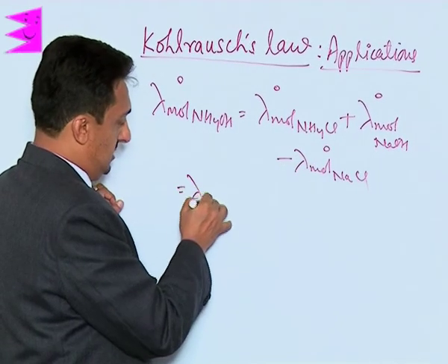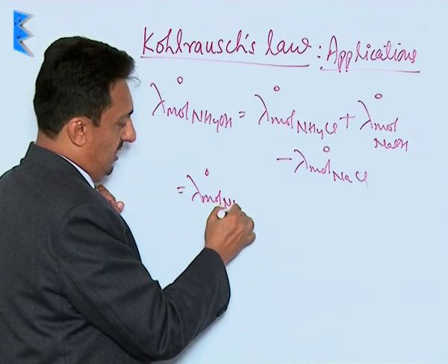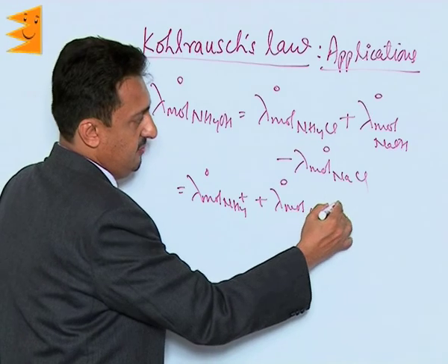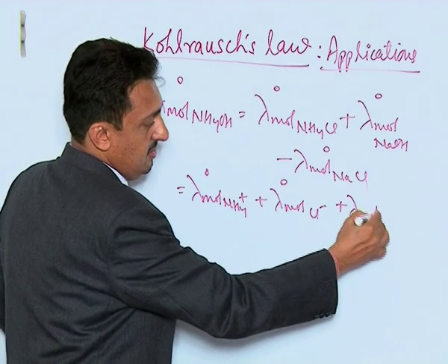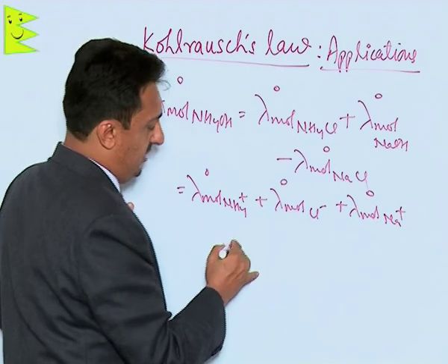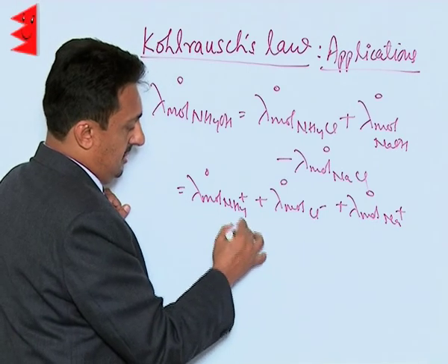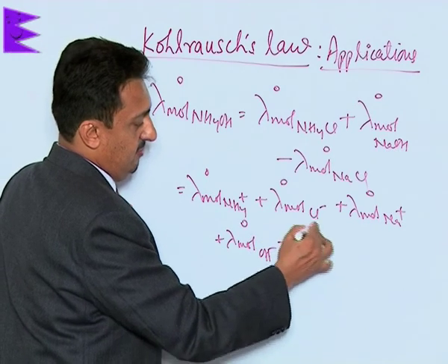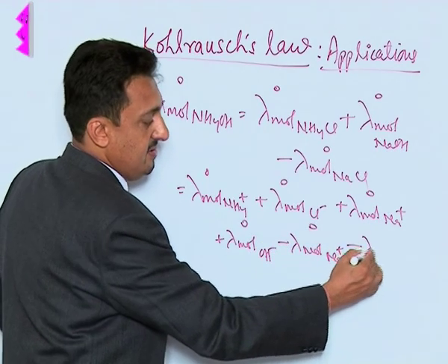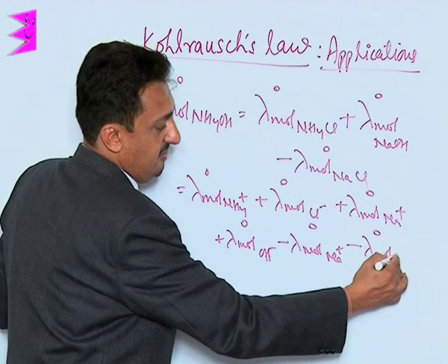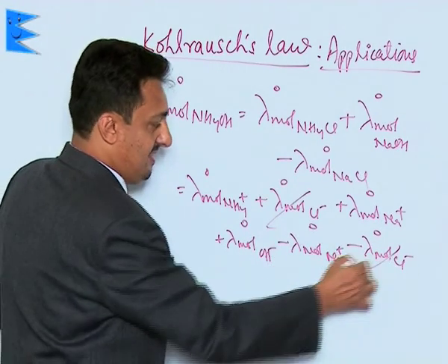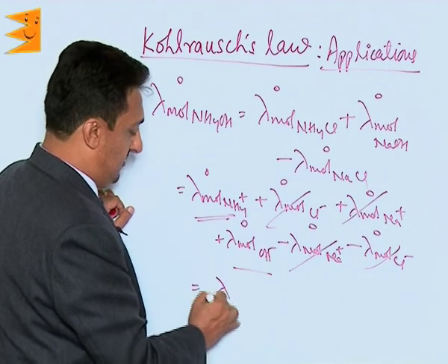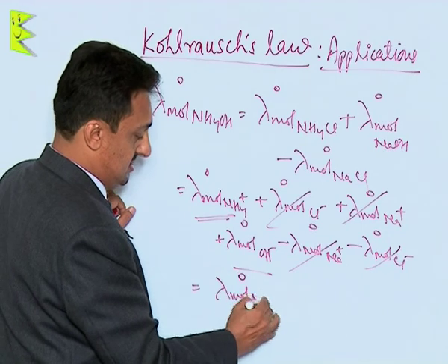What you get is limiting molar conductivity of ammonium ions, chloride ions, sodium ions, hydroxyl ions, minus limiting molar conductivity of sodium ions, minus limiting molar conductivity of chloride ions. Now these get cancelled, so we are left with only ammonium and hydroxide. So it solves our purpose.